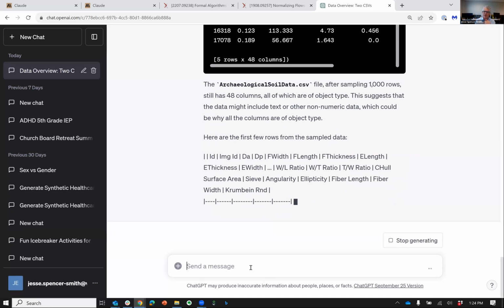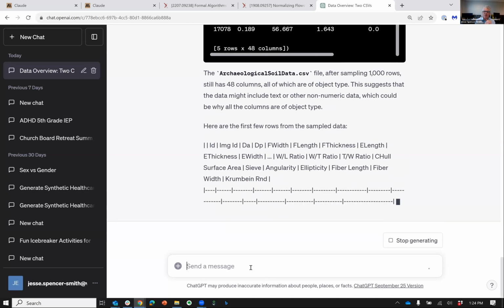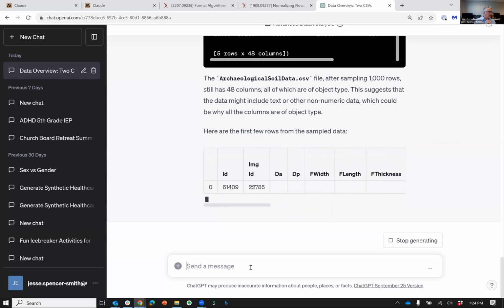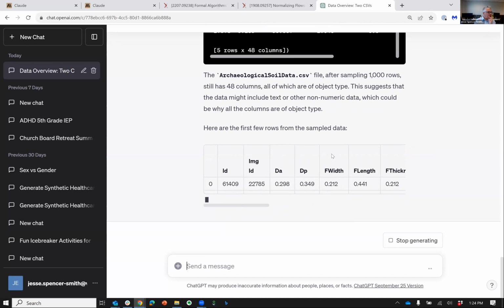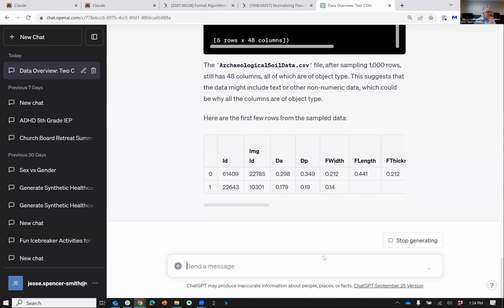And Dr. Bell is going to be talking a little bit more about this to make this reproducible. But here you can see it's coming up with some data. It has 48 columns, and it's showing me what's in there. So it's actually pulling data in to show me what this looks like.